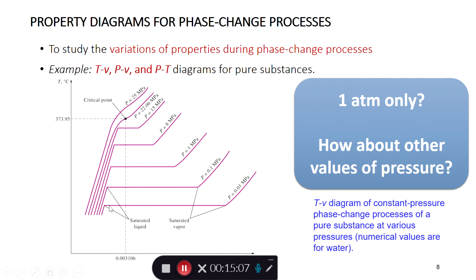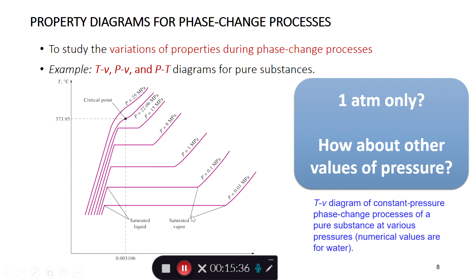But you can see that they look similar. They have a steep slope between compressed liquid and saturated liquid, and then a horizontal line. Lower pressure, longer line means longer boiling process, longer vaporization process, and then this is the superheated region.